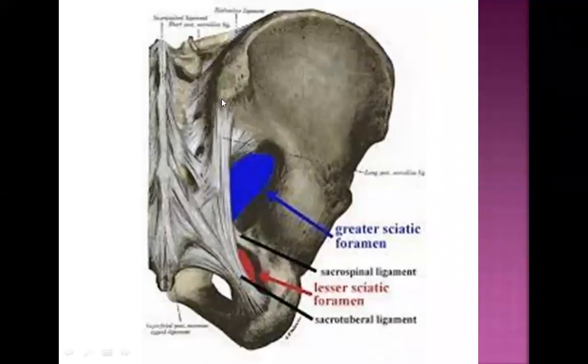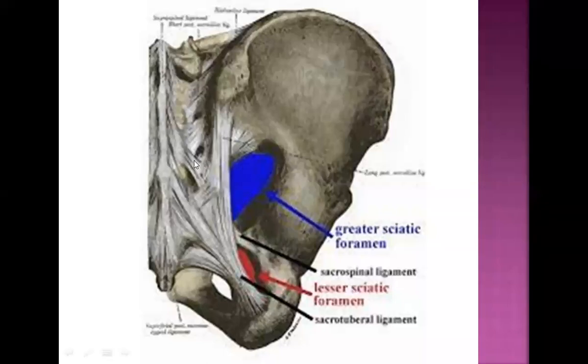This is just to show you the sacrotuberous ligament. And in the hip bone, this is the greater sciatic foramen, and this is the lesser sciatic foramen. This region here is called the ischial spine. You have to imagine that deep to the greater sciatic foramen, inside, the pelvic cavity is present.